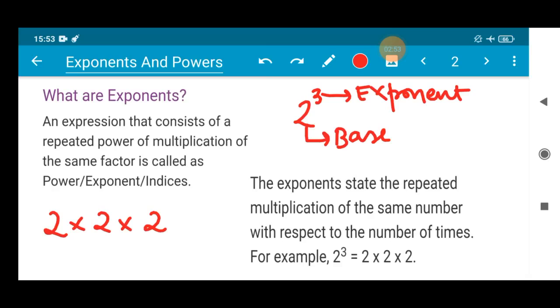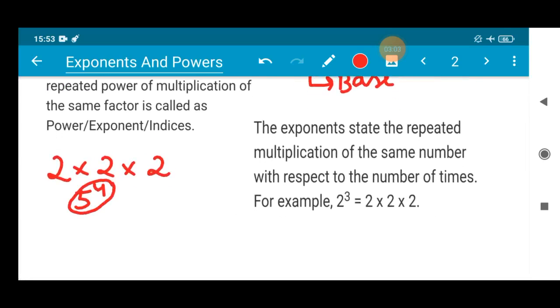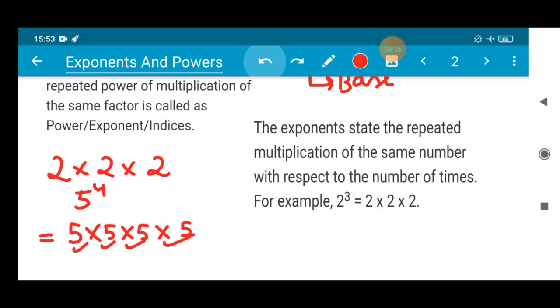Okay, so the exponent states the repeated multiplication of the same number with respect to the number of times. Suppose you have 5 to the power 4. If you have to express this in words, you will say 5 to the power 4. Now if you have to find the value, then you will repeatedly multiply 5, 4 times: 5 into 5 into 5 into 5, because our power or exponent is 4 here.